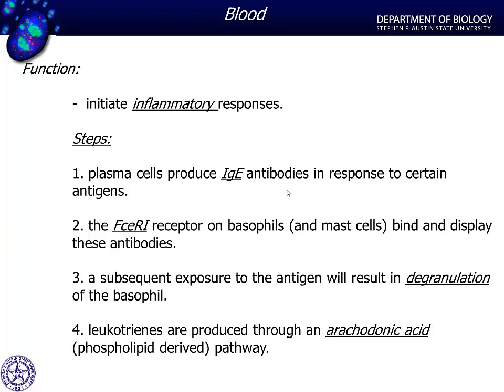And when you have a secondary exposure to this particular allergen that is recognized by these antibodies, that's going to cross-link the antibodies, bring them close together, because remember, our antibodies are bivalent. And as you bring the antibodies closer together, that's going to bring these IgE receptors closer together on the cell surface. That's going to signal the cell that the pathogen is present.